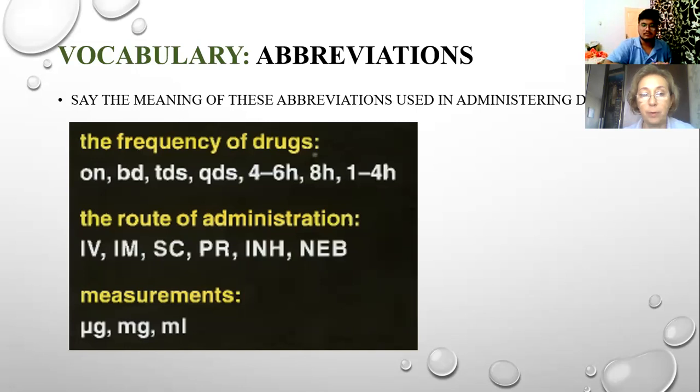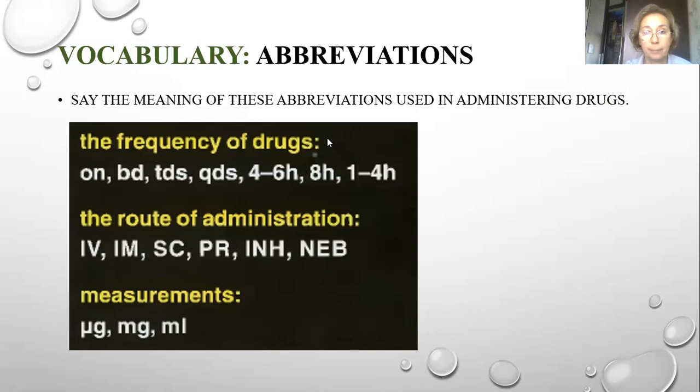Yes, then all the group of frequency drugs. BD stands for twice a day, and QDS is 4 times a day, and 4 to 6 is showing the interval of dosage of medicine. 4 to 6 hour gap should be given between 2 dosages, and 8 hours is 8 hours between 2 dosages, and 1 to 4 hours is again the interval of dosage.